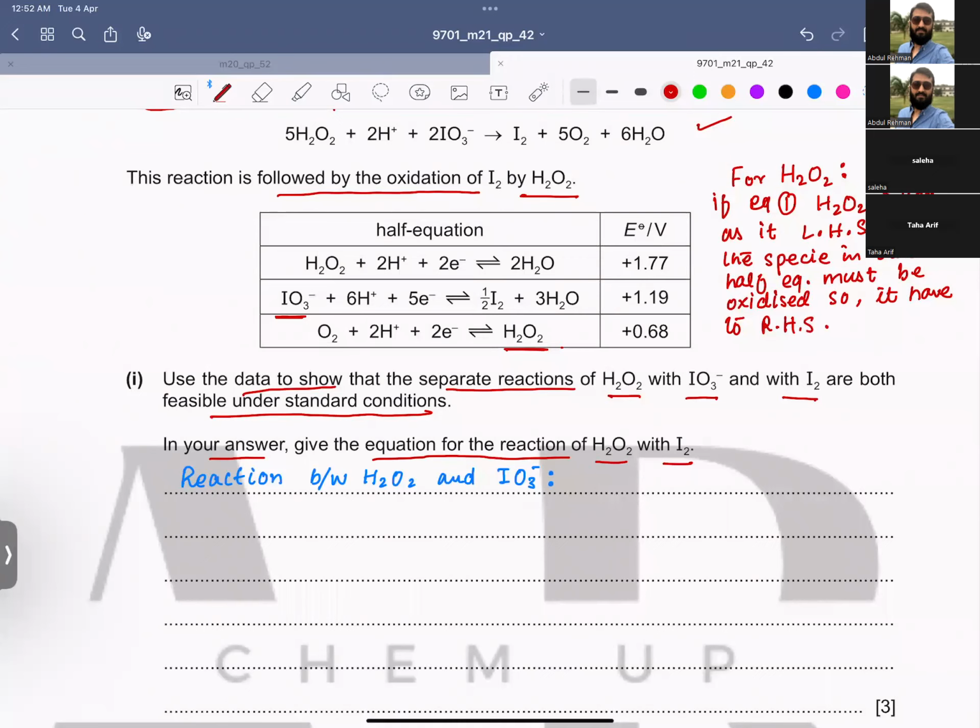Did you understand this, Soliha? And everybody else as well. You have to be very clear about this when we choose any equation: if in that equation our species is on the left hand side, then it must undergo reduction, and the other species with which it is reacting must be on the right hand side of the other half equation.